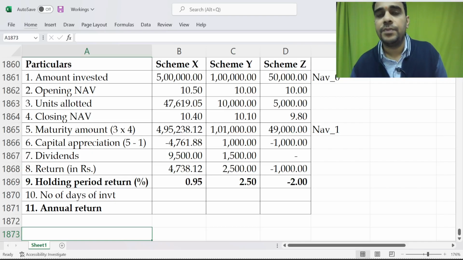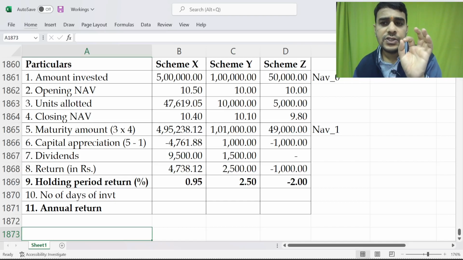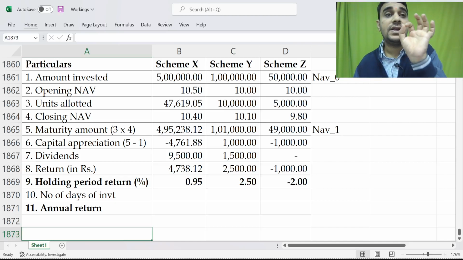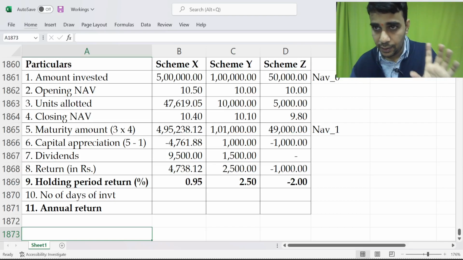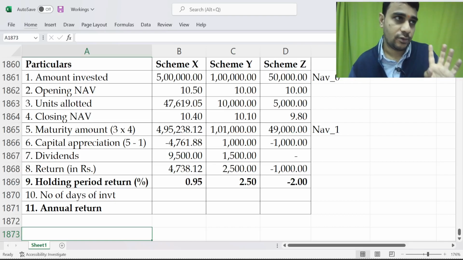Any problem if they say number of days to be taken as 360, then it doesn't make any difference whether it's months or days, because 12 months is 360 days for our calculation. Some question will say assume or take 1 year equal to 365 days. If that line is there in the question, you should always do days calculation.